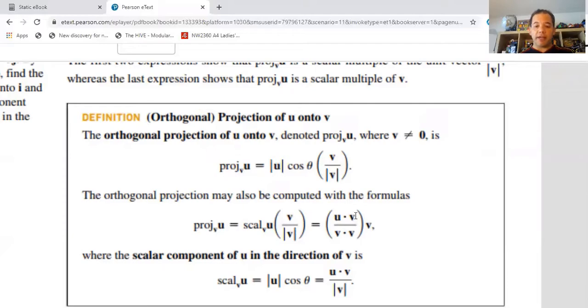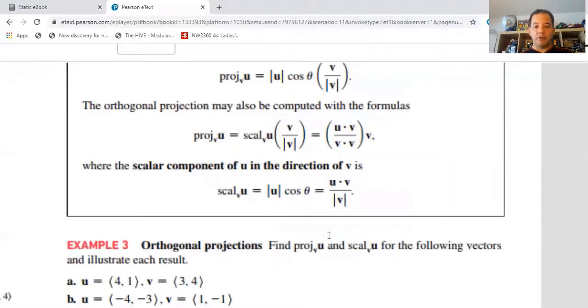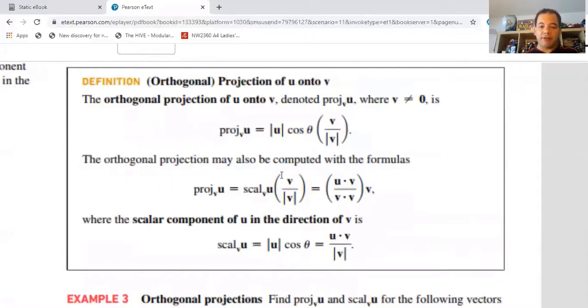And the scalar can be calculated in this cute way, which is simply all of this constant that multiplies this vector v, which is just u dot v divided by v dot v. And then the scalar component of u in the direction of v, so in other words, how big and in which direction is the projection.